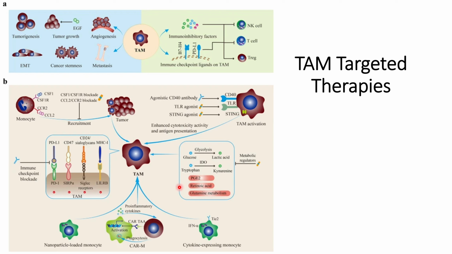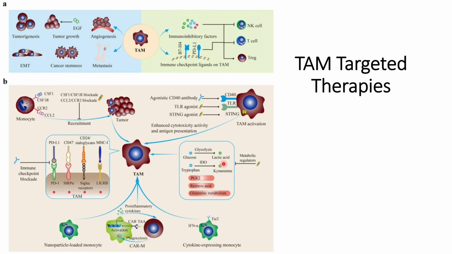Another thing that can be done is to block the metabolic regulators, such as glycolysis, that is essential for the growth of this TAM.